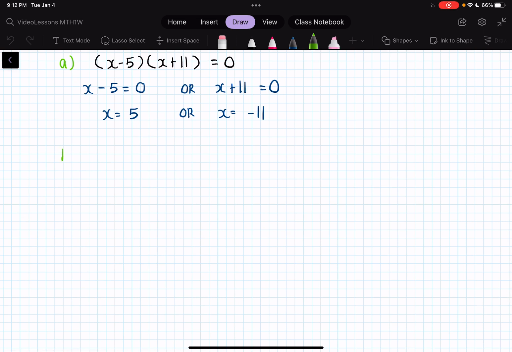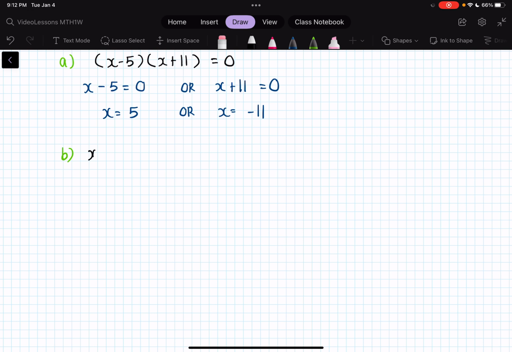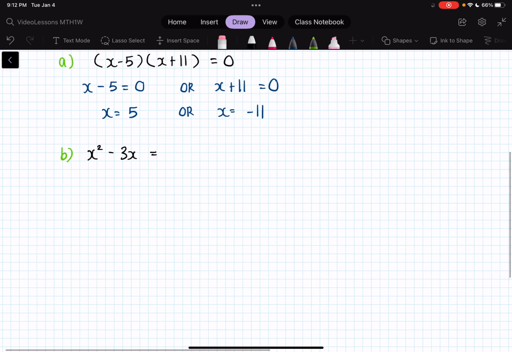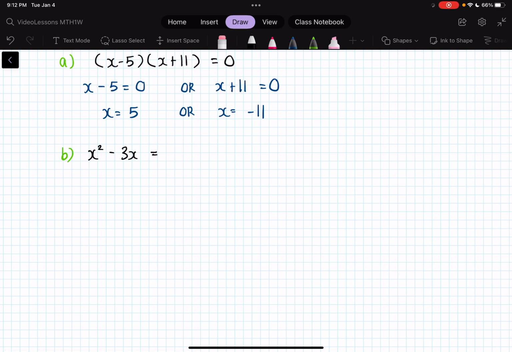So now I'm going to show you what we do when we have a quadratic equation to solve. So when we have this, and this is still a quadratic, we need to factor first. Here, this is just two terms, so you look for HCF.